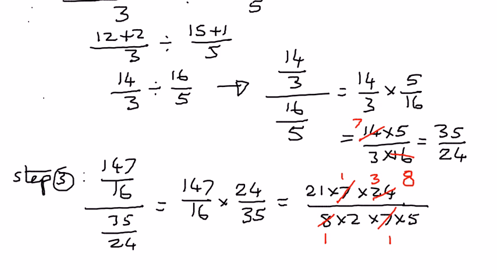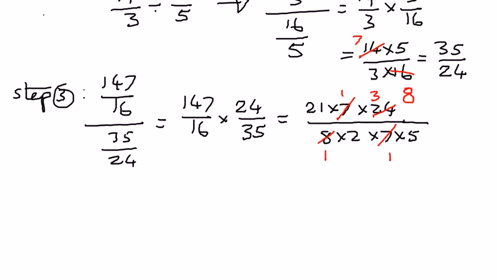So now we need to multiply the numerator parts, multiply the denominator parts, and when we do that, we're going to come up with 21 times 3 divided by 2 times 5. So 21 times 3 is 63 divided by 10.